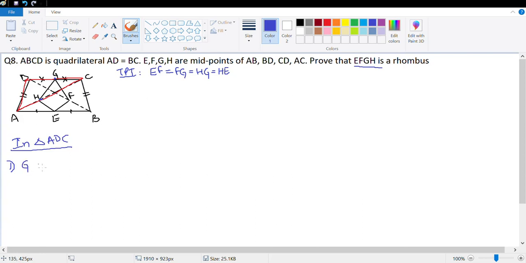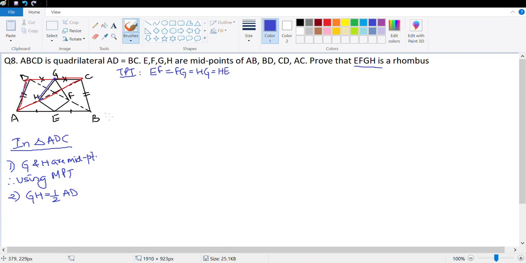Number one, G and H are midpoints. Therefore, using midpoint theorem, what do I get? What I get is number 2, which is GH is equal to half of AD, which is the third side.